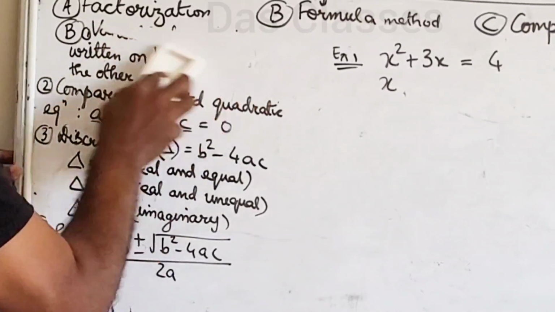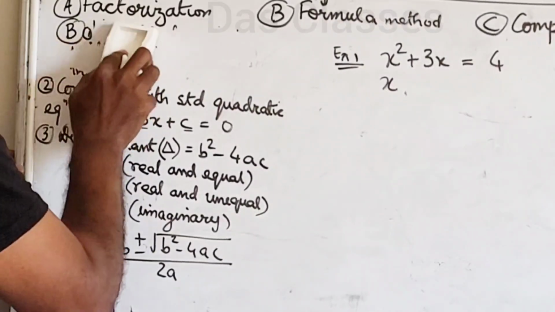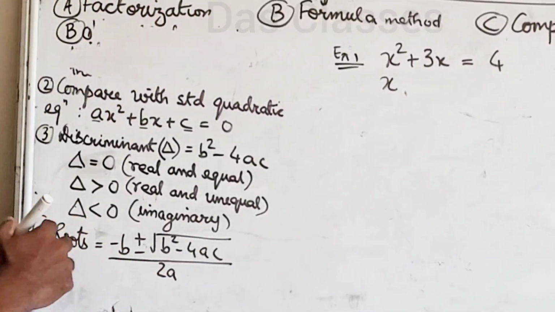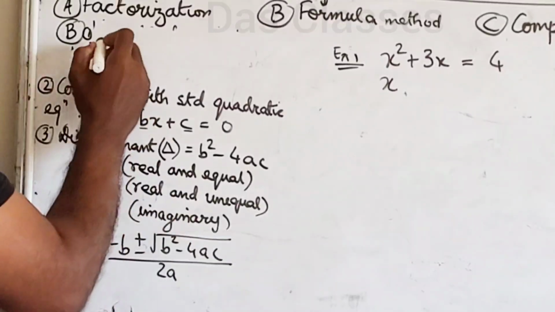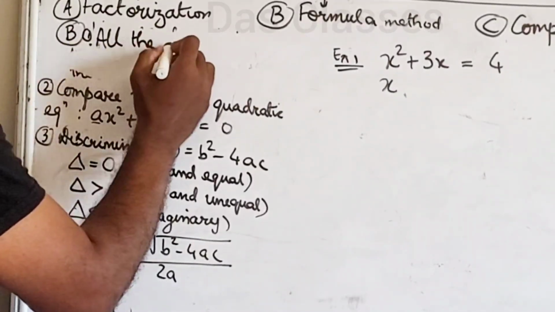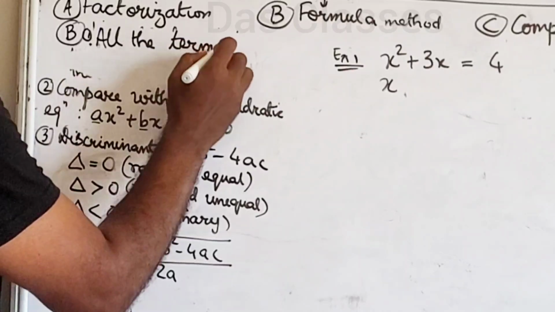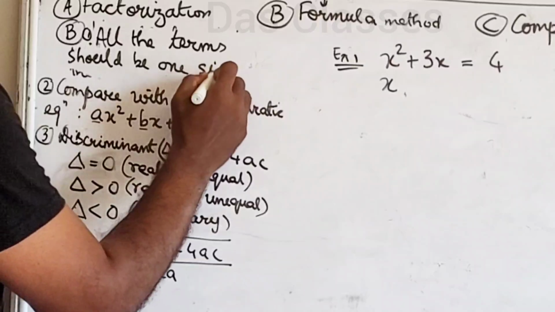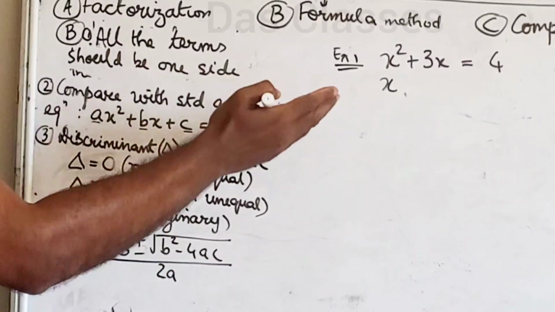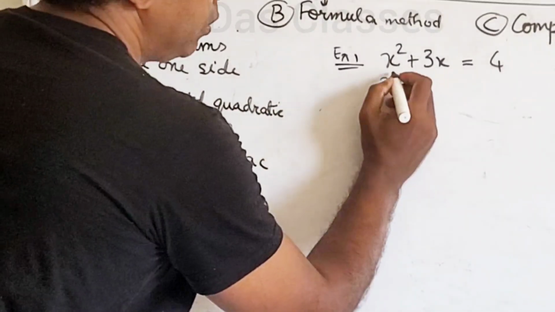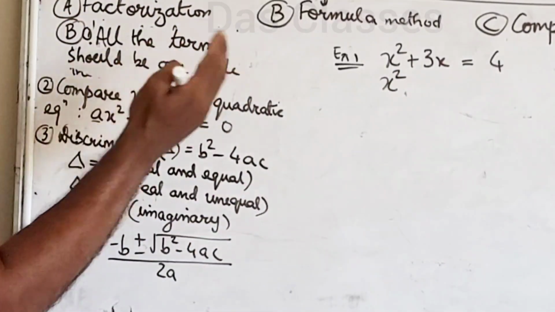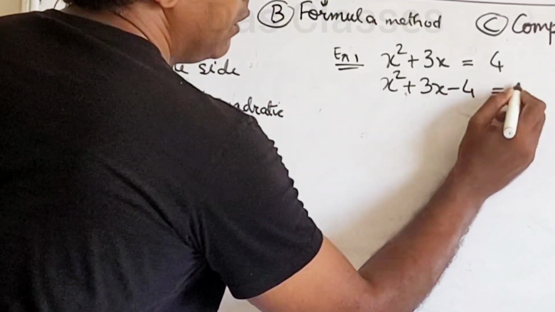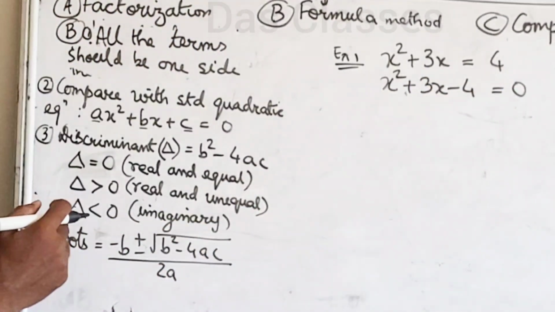In the case of the formula method, all the terms should be on one side. As you can see, a number is on the other side, so the first step is to take all the terms on one side. So you will write it in this form: 4 comes to this side, it will become negative.